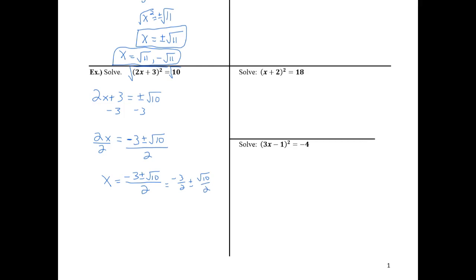You might also have it just broken up into the two solutions. So negative 3 plus the square root of 10 all over 2, comma, negative 3 minus the square root of 10 all over 2. So with all these, again, there's going to be the two solutions that we can separate with a comma.